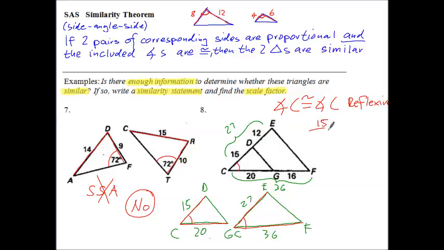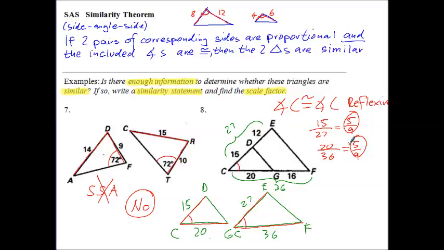So let's see if the sides are proportional. 15 divided by 27 is equal to 5/9 once we reduce it, and 20 divided by 36 is equal to 5/9 as well. So these two are the same. The two pairs of sides are proportional.